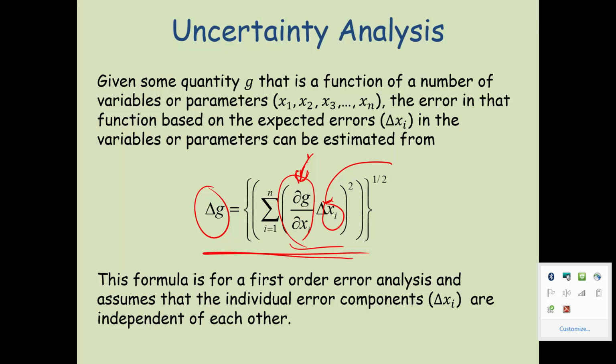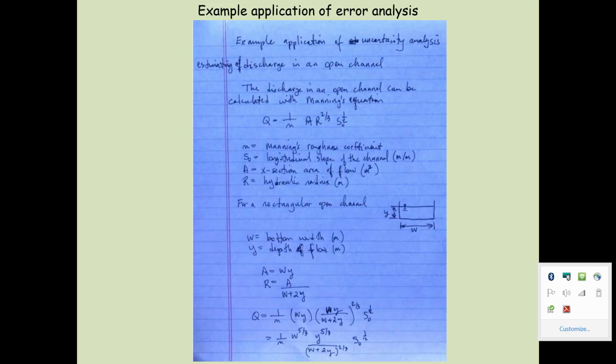So now what we'll do is look at this in an application. It's going to be an EEE application in this case. We're interested in evaluating or estimating the discharge in an open channel. Let's say that we have a rectangular channel, not a square channel.